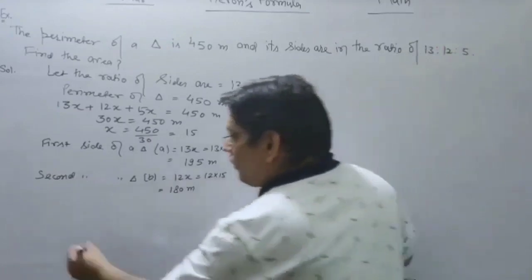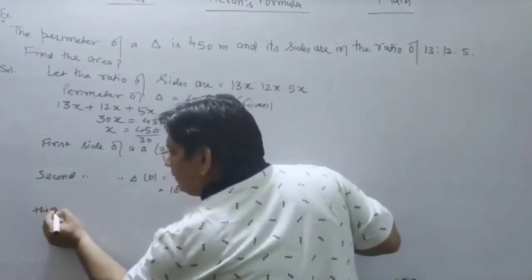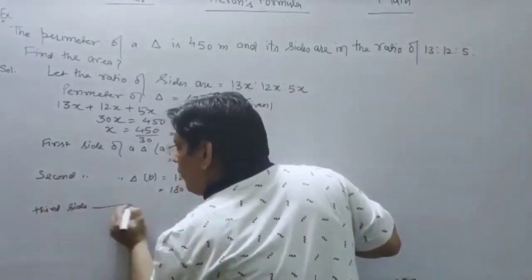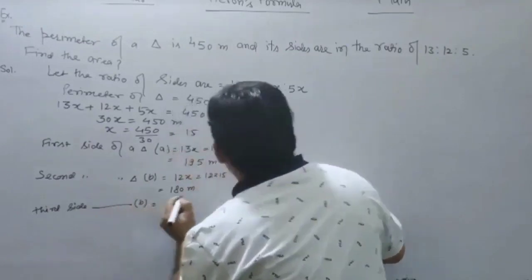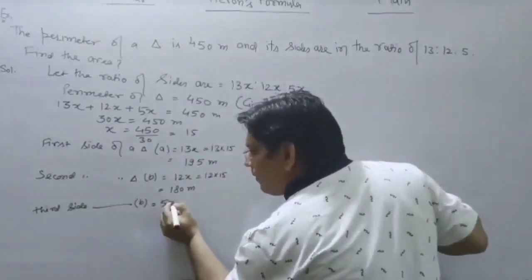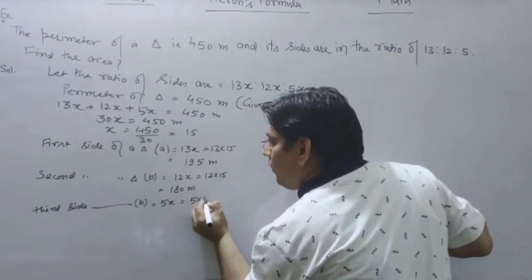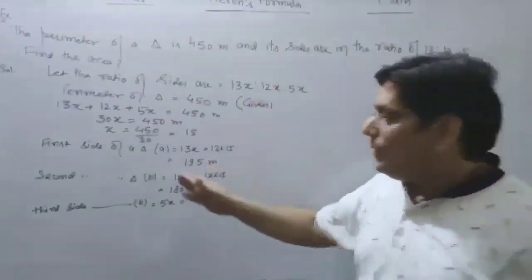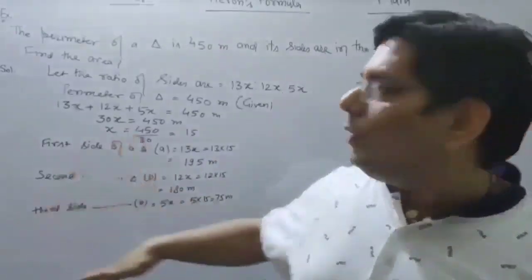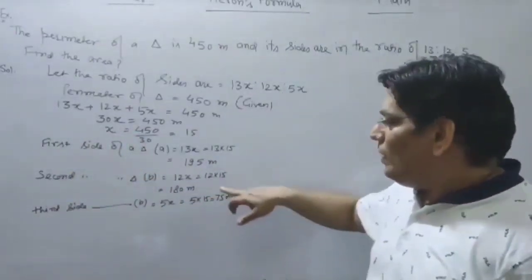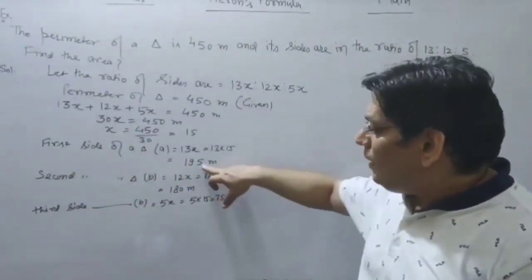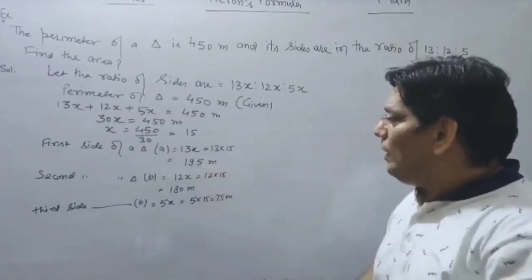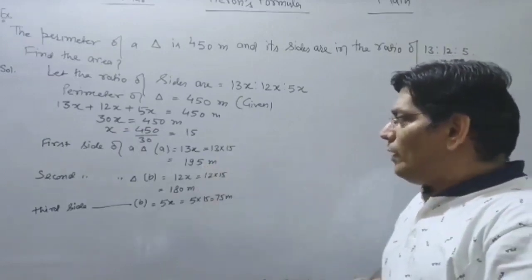Now the third side of a triangle, known as c, is 5x, so 5 into 15, 75 meter. Now this is a simple question in which all three sides are given: 195, 180 and 75 meter.